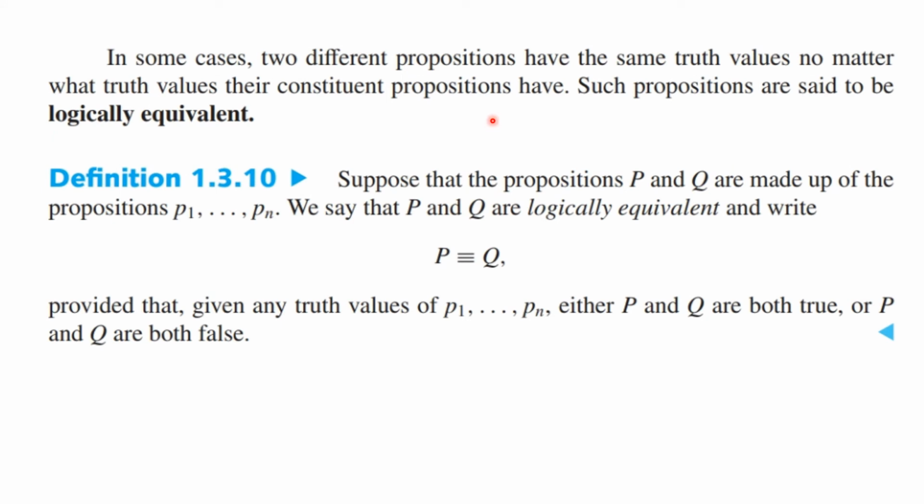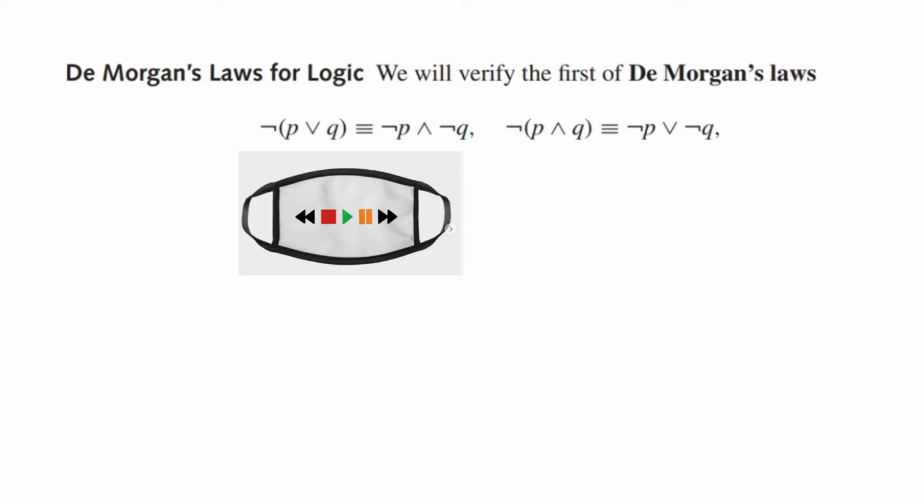In some cases, two propositions have the same truth values no matter what truth values their constituent propositions have. These are called logically equivalent, and this is the symbol we use. We're not just saying they're equal, but we're saying with three strokes that they're logically equivalent, meaning they always have the same truth value.